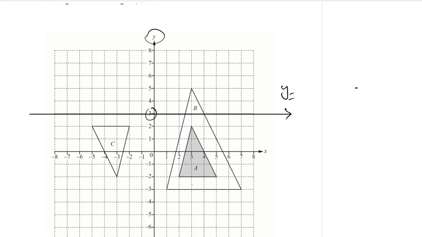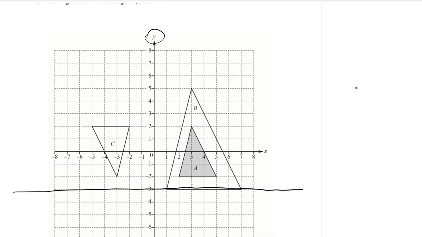Sorry, the line was minus 3. So we will draw again from the minus 3. Yes, definitely the meaning will change. I'm saving my time. I think you guys got the idea where y is minus 3.